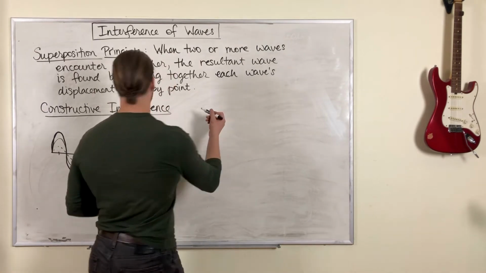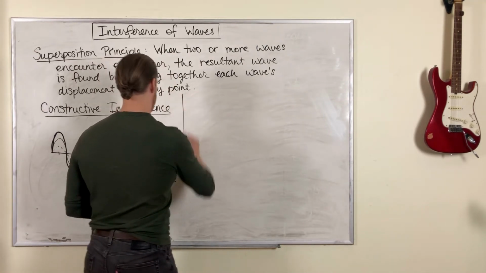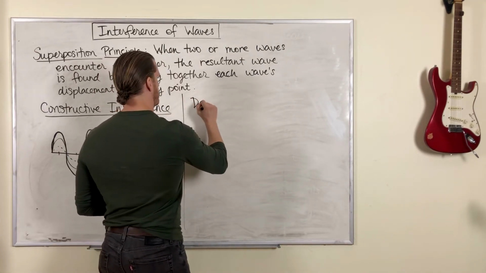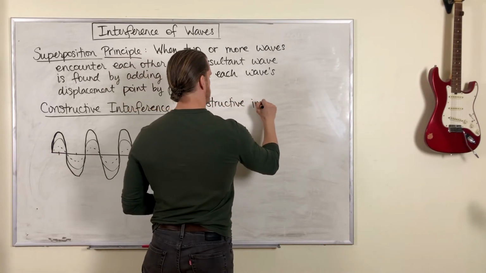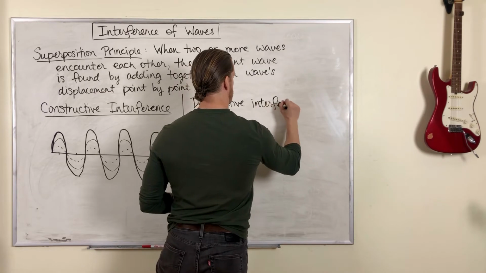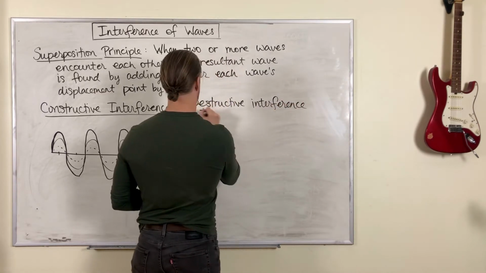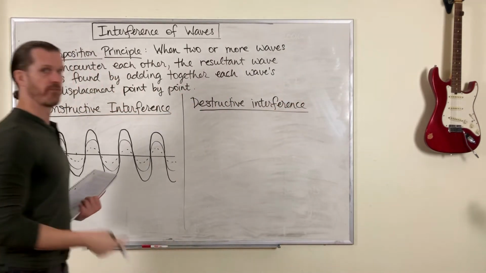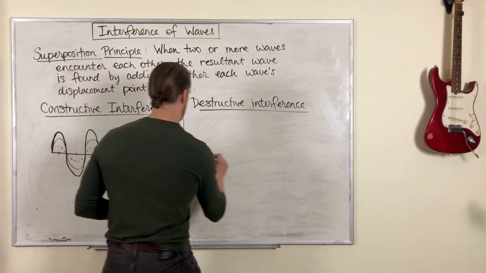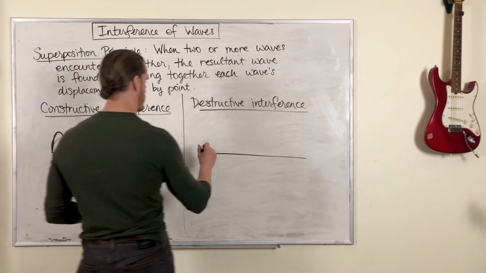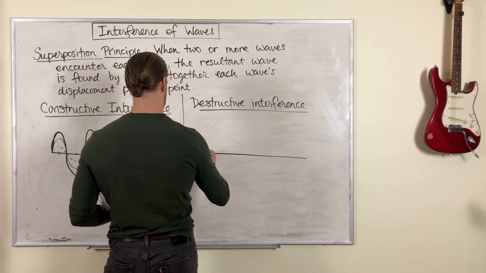Now there's destructive interference. This happens when waves are out of phase with one another. So let's start with our same original dotted wave.